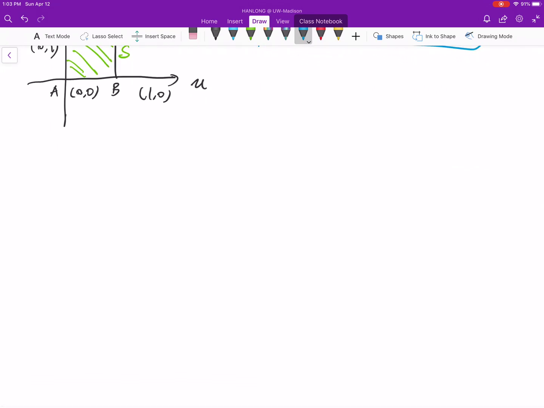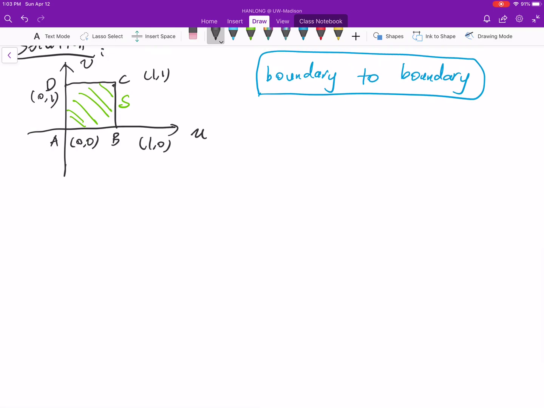Okay, then let's figure out the image of, for example, the interval AB in the xy plane.